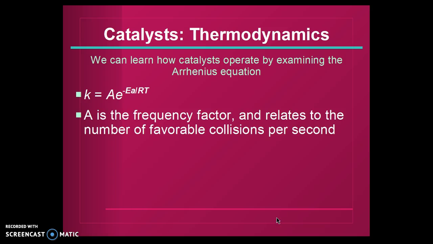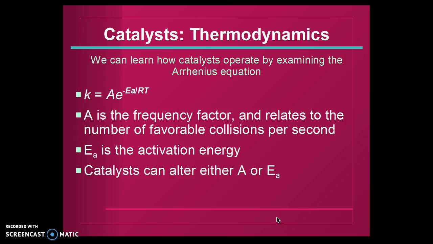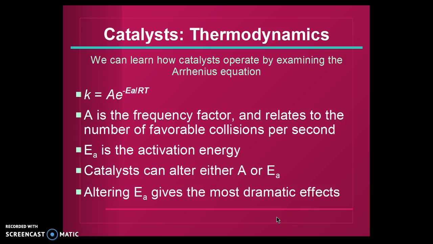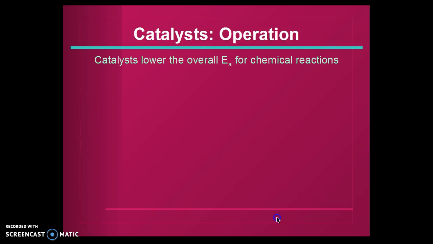It relates to the number of favorable collisions per second and therefore the collision geometry. Ea is the activation energy, and of course R is the gas law constant and T the absolute temperature. Catalysts can alter either the A factor or the Ea, but altering Ea, as you see, since it's in the exponent, will give you the most dramatic effects.